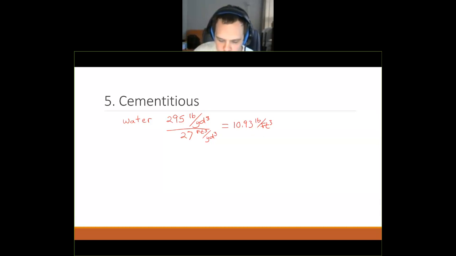Then I'm going to look at my water to cement ratio, which we had already said was going to be 0.48, and I simply plug in what I have. I have 10.93, and I have my cementitious content.